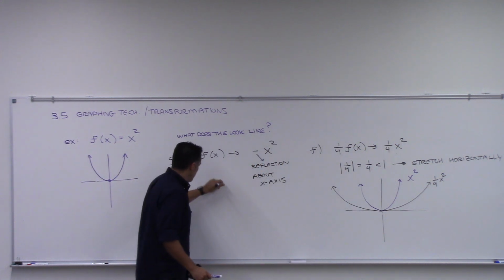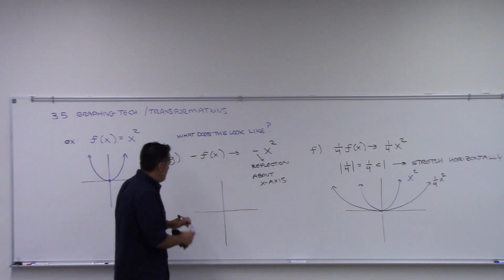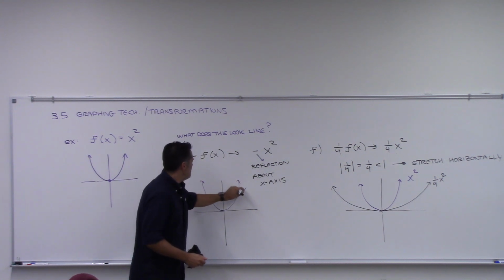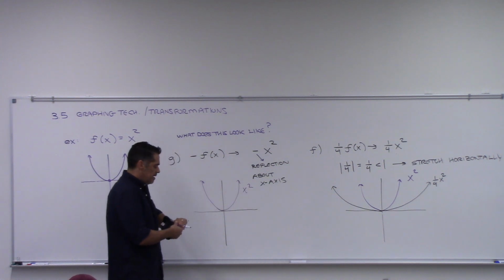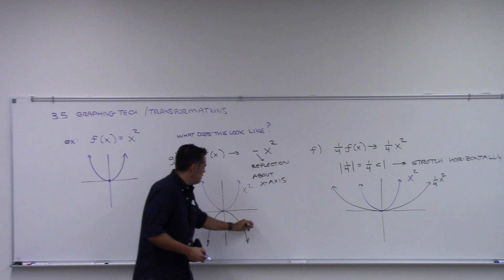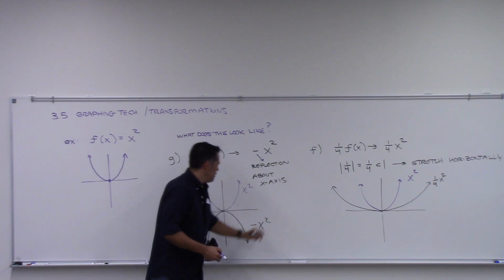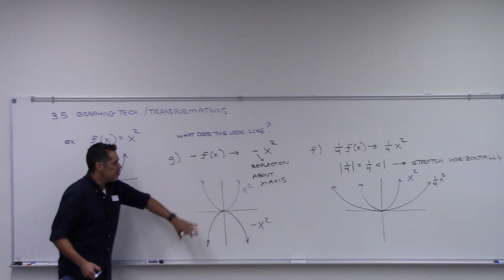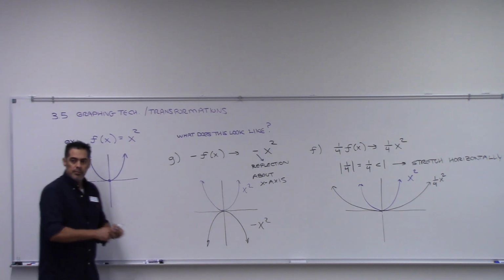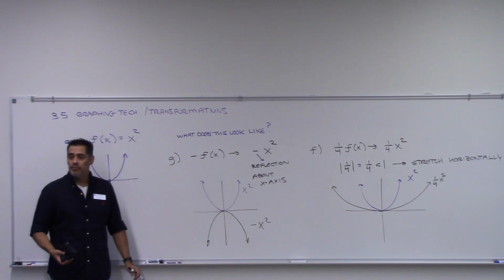So I'll show you the picture again. If our original function looked like this, if this is x squared, then negative x squared is that, right? Just reflection about the x-axis.